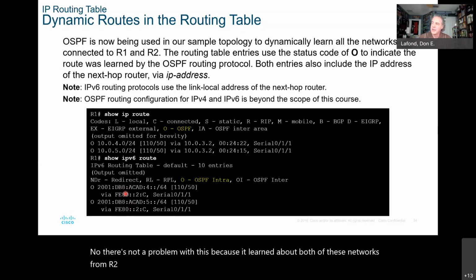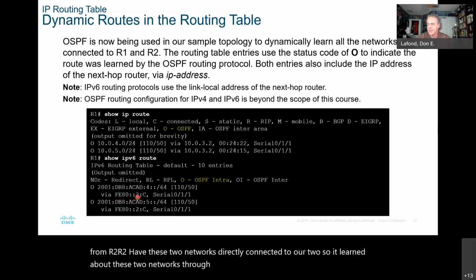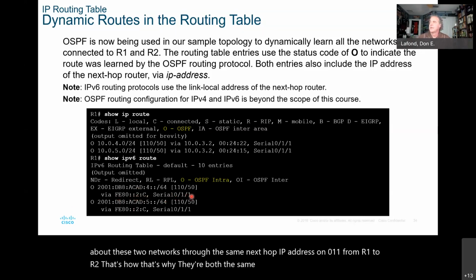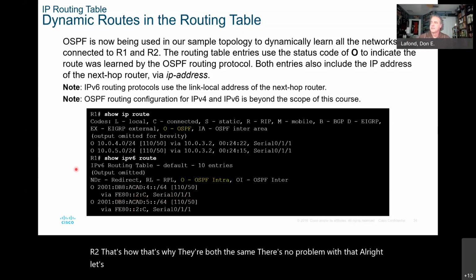R2 has these two networks directly connected. So it learned about these two networks through the same next hop IP address on 011 from R1 to R2. That's why they're both the same. There's no problem with that. All right, let's keep going.